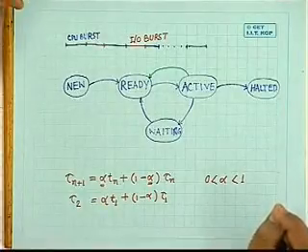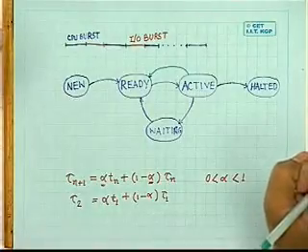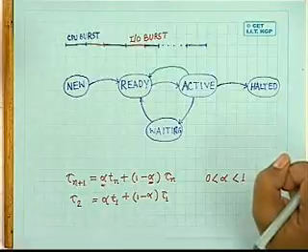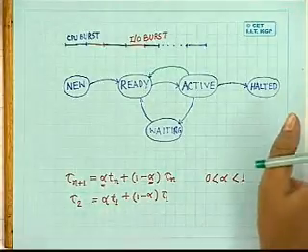Now again, with respect to this process state diagram, you find that in a system, if I have jobs which require a large amount of CPU burst, or the CPU burst duration is more, such kinds of jobs are called CPU bound jobs.